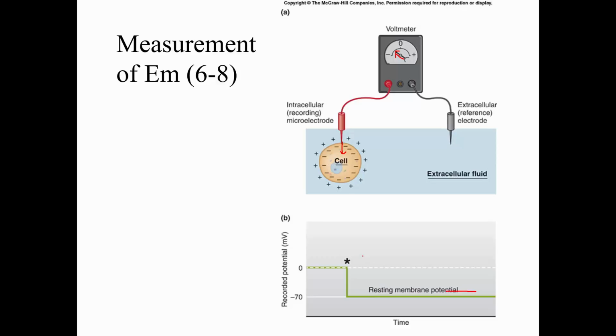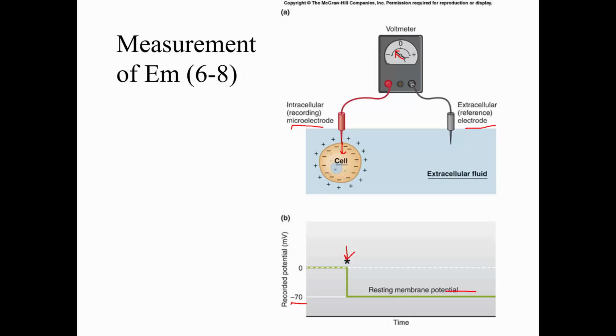And if we were to make a measurement at the point of getting the electrode into the cell, we measure a resting membrane potential of minus 70 millivolts. Now this is a convention. We set the outside of the cell to 0, so the outside is our reference electrode, and then relatively speaking, the intracellular fluid has a negative resting membrane potential.